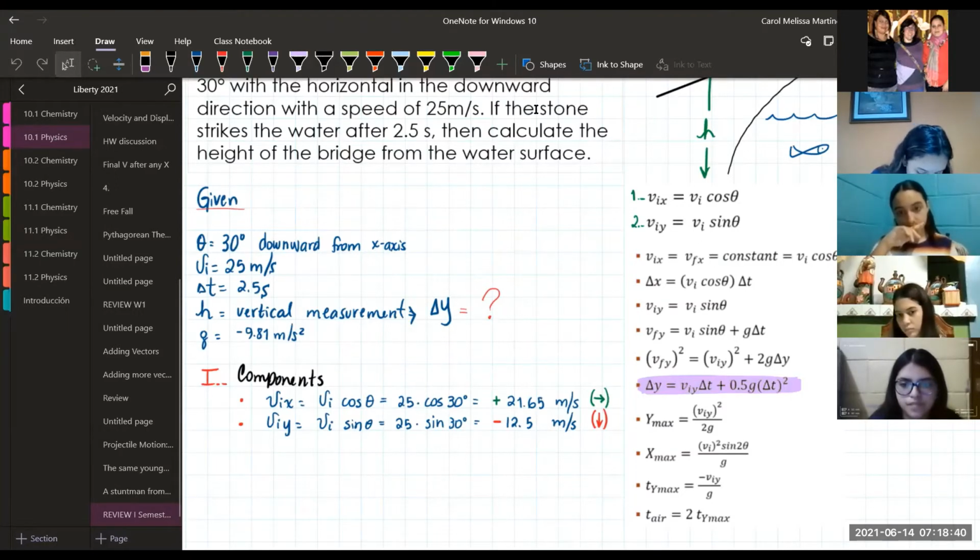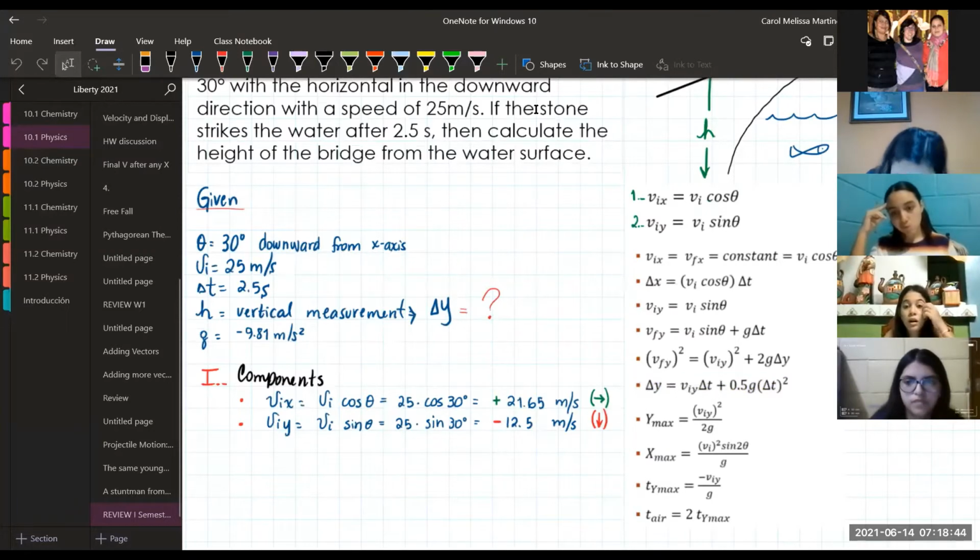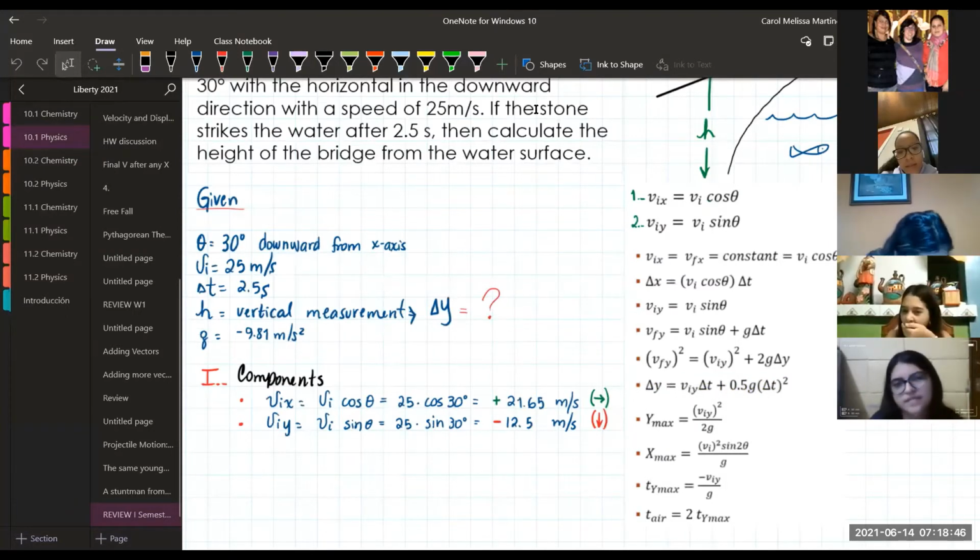Now let's see if we have everything we need to get it, okay? Yes. It says initial velocity in y. I already have it. Somebody say something. Were you asking something? Because I was seeing the iPad, I couldn't listen.